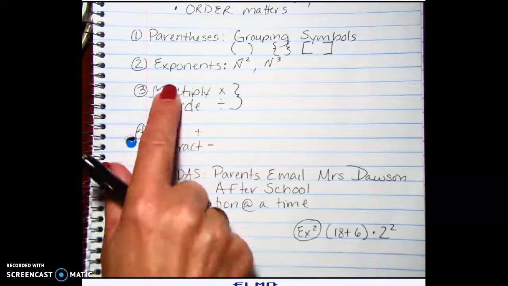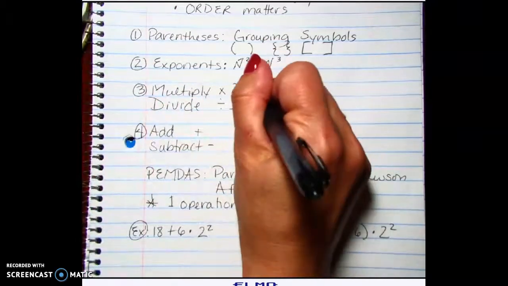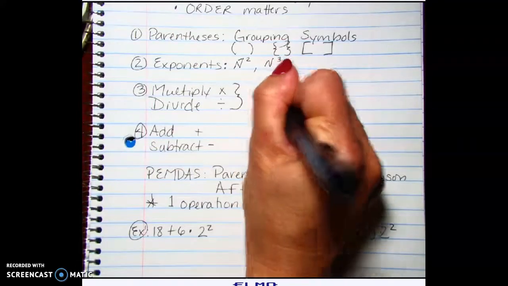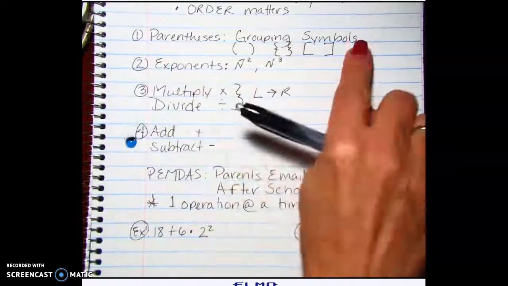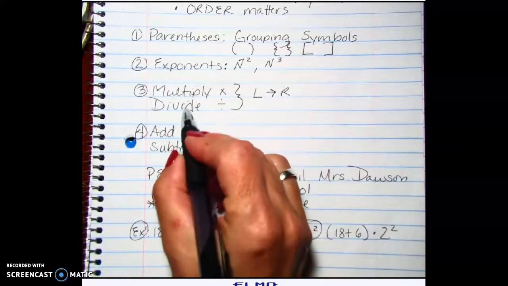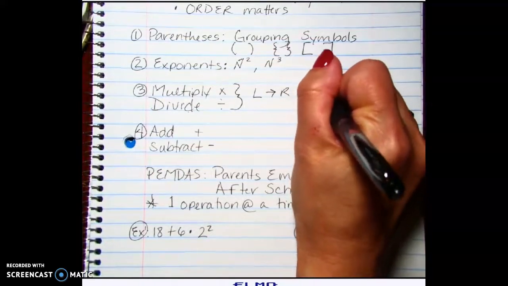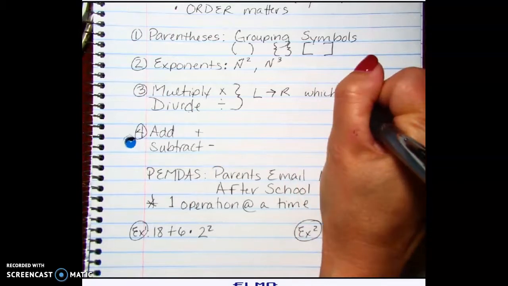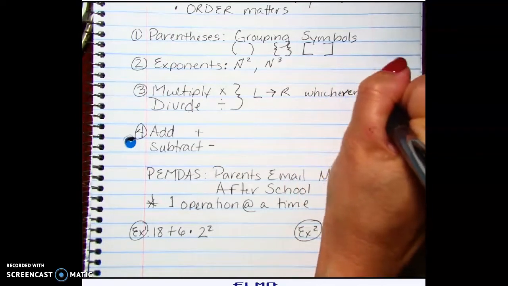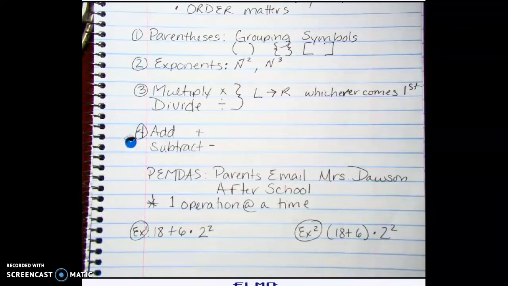Because these are inverse operations, you look at your expression from left to right, just like when we read, and whichever operation comes first, that's what you're going to do first.